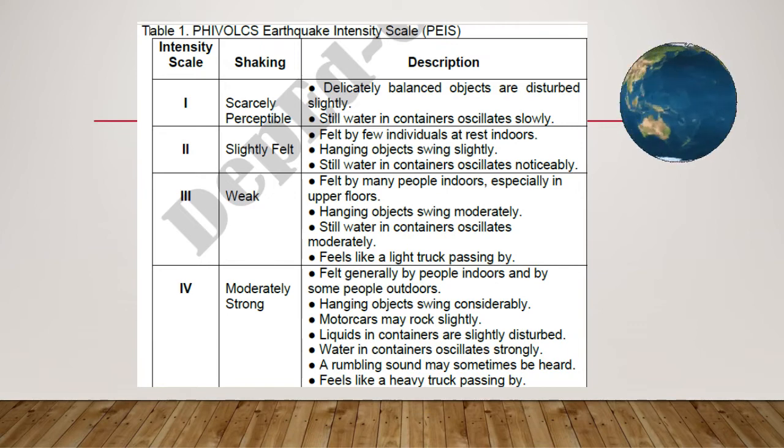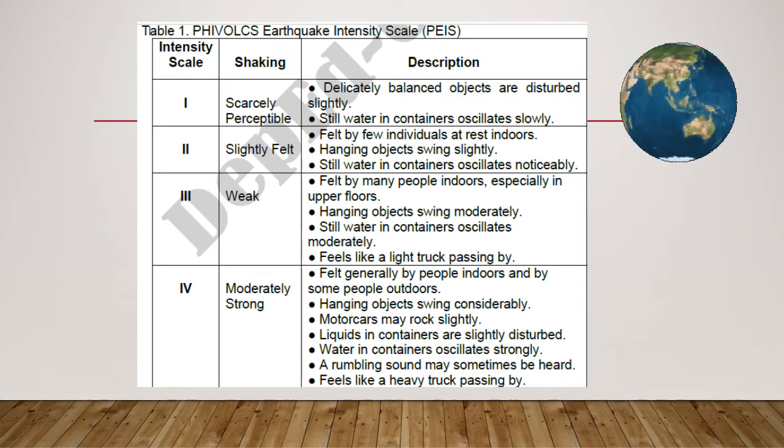So if you look at intensity number 1, some hanging objects are slightly disturbed. The water in your glasses might move a little. Look also at intensity number 2, slightly felt.